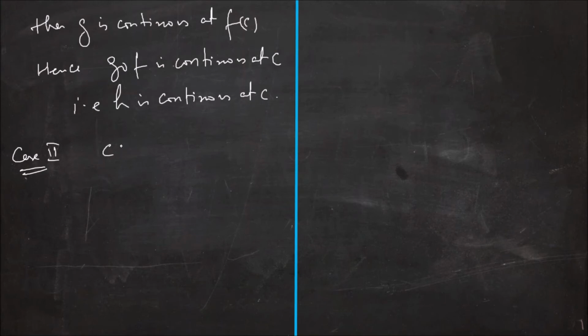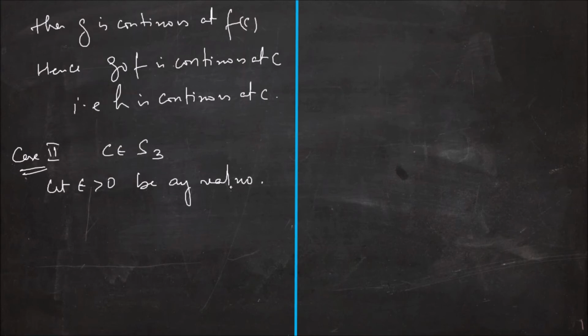Now case 2, when c belongs to S3. Again we will show that in this case H is continuous. So let epsilon greater than 0 be any arbitrary real number.